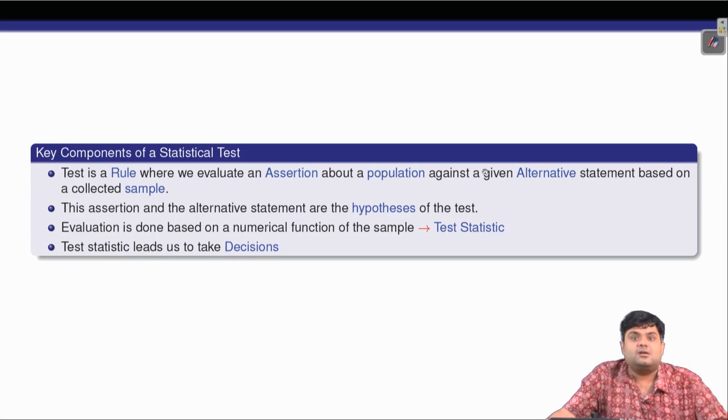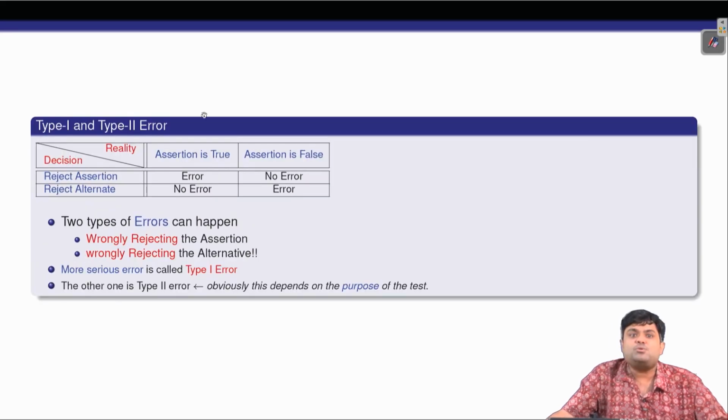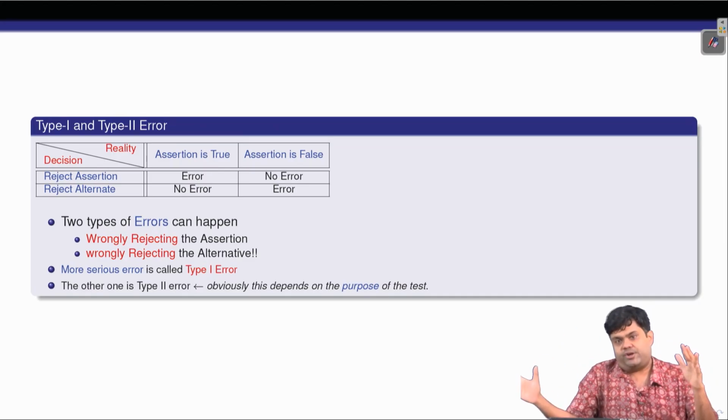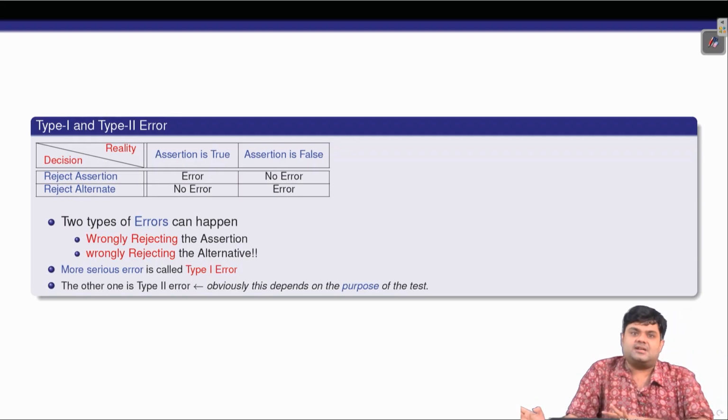Similarly, here the conclusion that potentially the patient has cancer should not be dumped in haste, because if it is dumped in haste, the consequence can be very serious. So, between two statements, now we are in this situation: we want to compare two statements about a population using some sample and some statistic based on that sample.